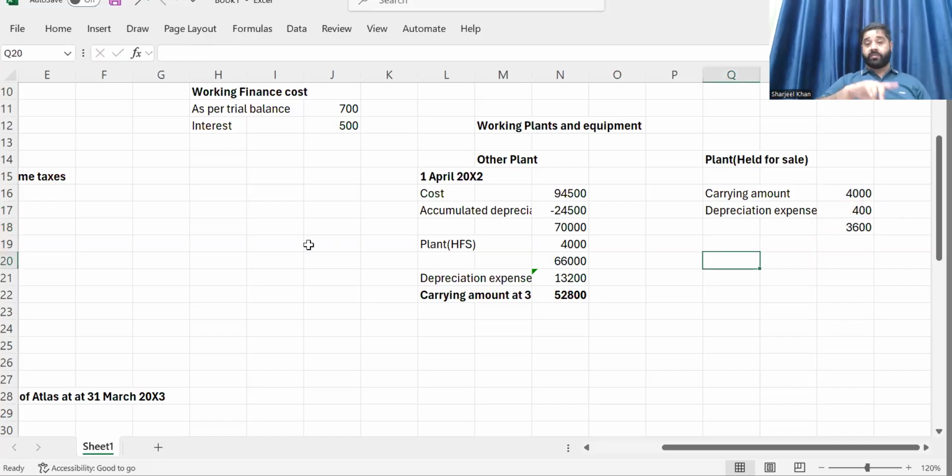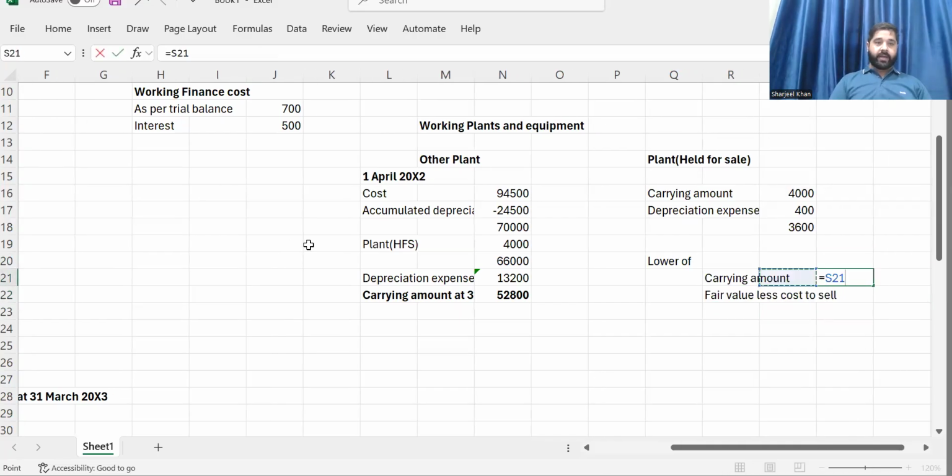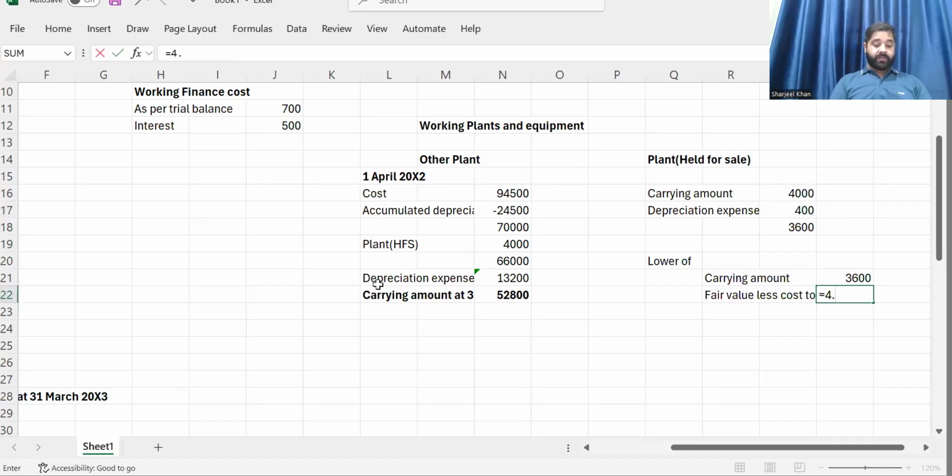Now we have to classify it as held for sale. It will be measured at the lower of carrying amount and fair value less cost to sell, because we already applied the applicable accounting standard. The carrying amount is this, while the fair value less cost to sell is 4.2 million. Which one is the lower?